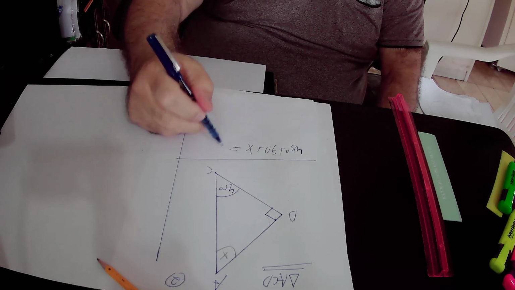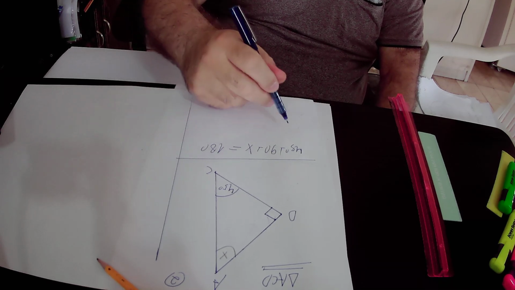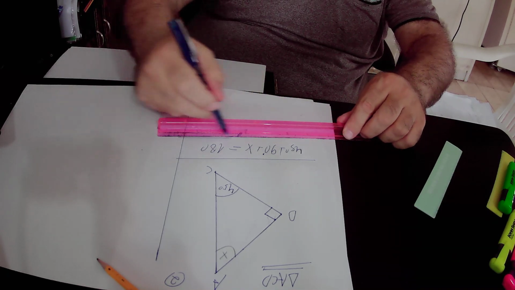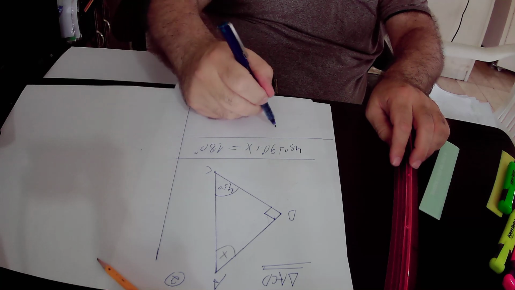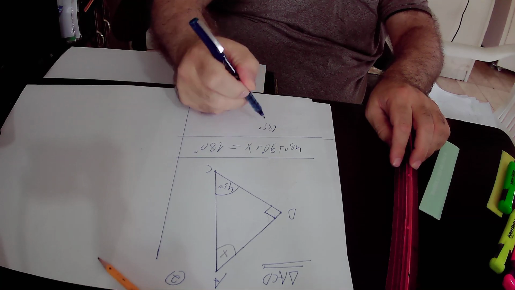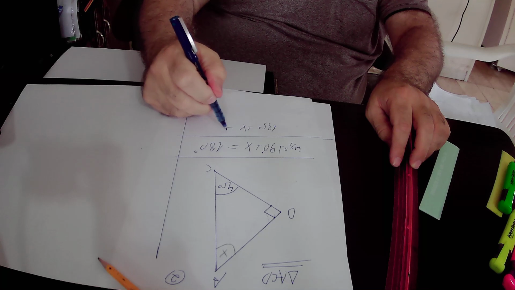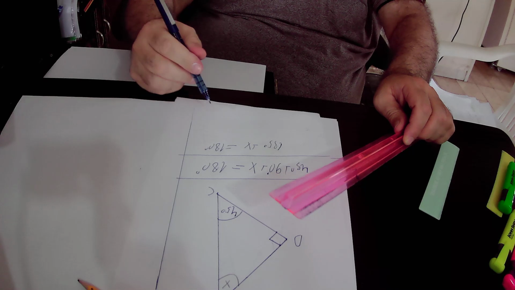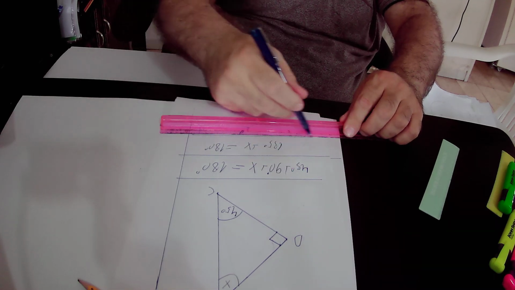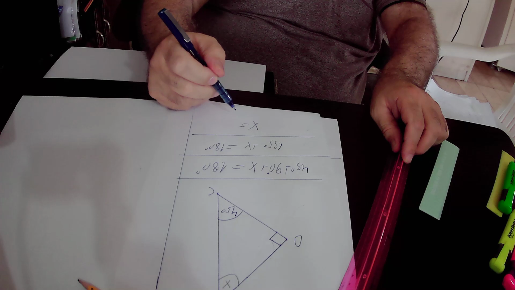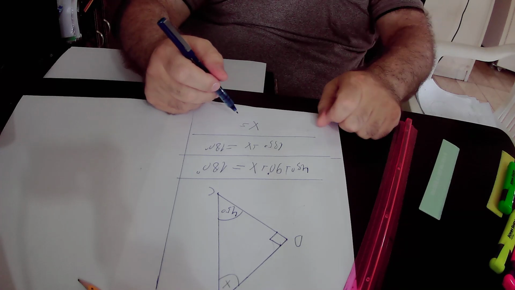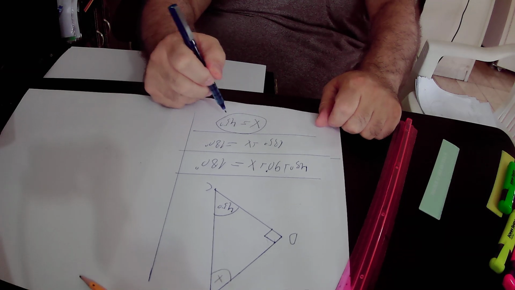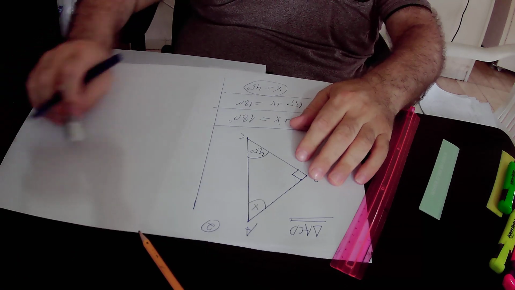In total, they must be equal to 180 degrees. 45 degrees plus 90 degrees is 135 degrees. And 135 degrees plus x must be equal to 180 degrees. Here we subtract 135 degrees from this equation, and we get that the missing angle x equals 180 degrees minus 135 degrees, which is 45 degrees. So we found out that this angle equals 45 degrees.